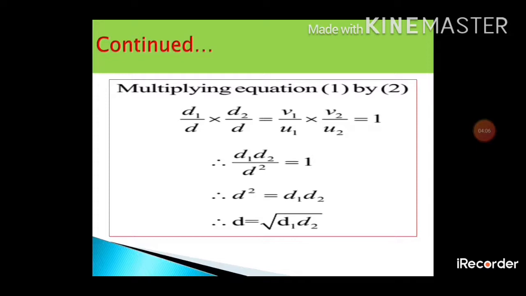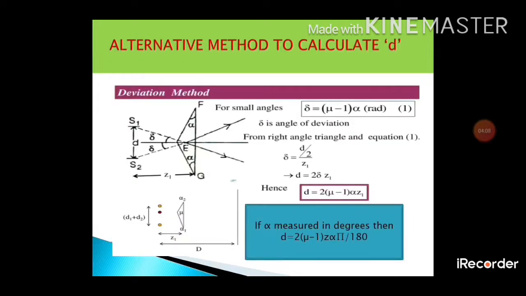However, there is another method also by which we can find out the value of small d. This is the alternative method to calculate the value of d. You should remember this formula, because in some numerical problems we have to use it directly. So we will discuss the derivation of this formula.